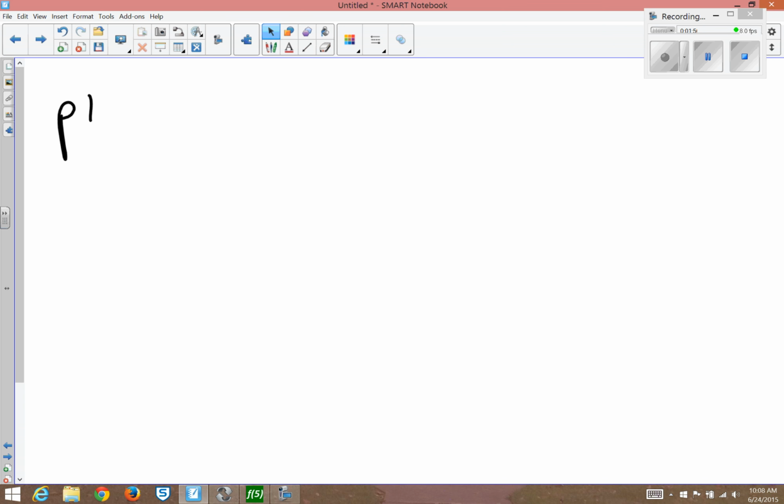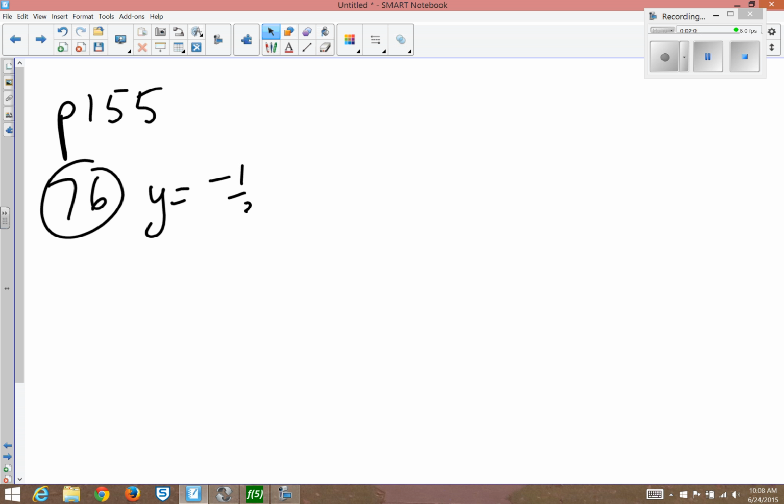On page 155, exercise 76, y equals negative 1/3 x to the third plus 6x to the second minus 11x minus 50.